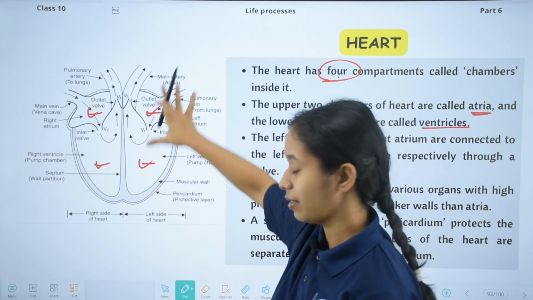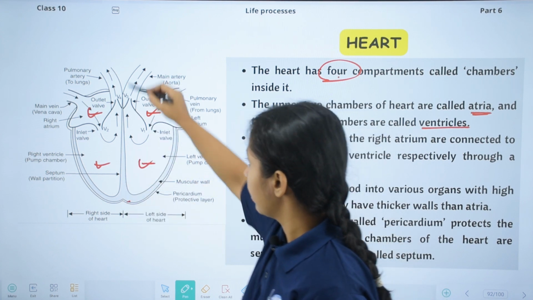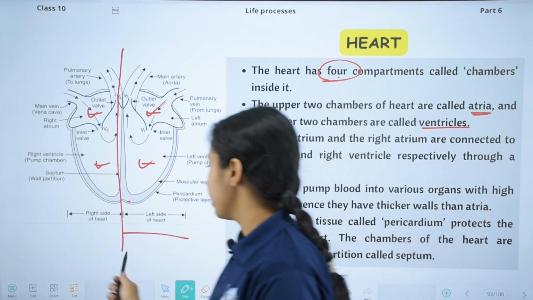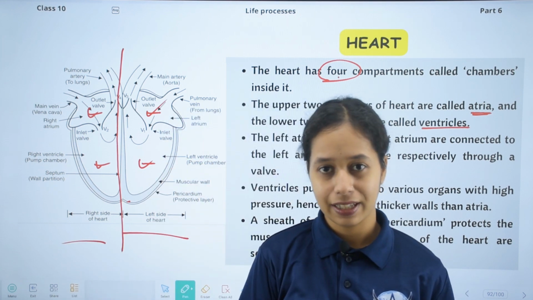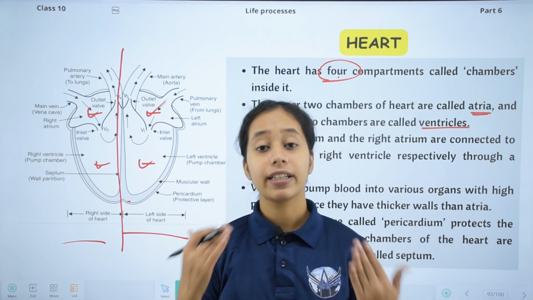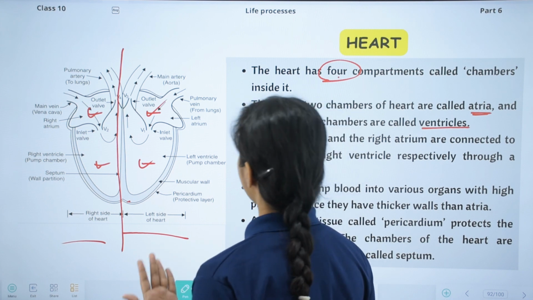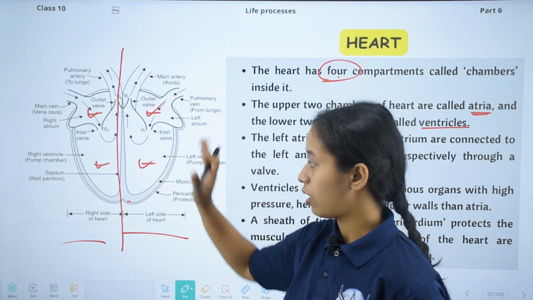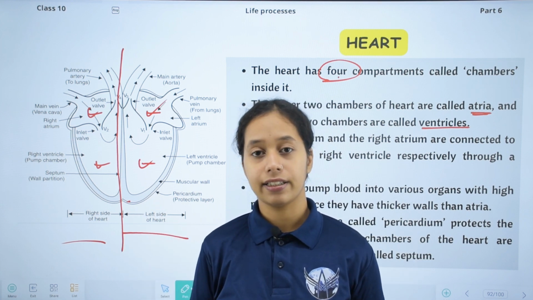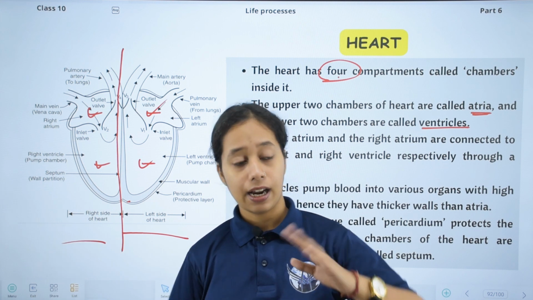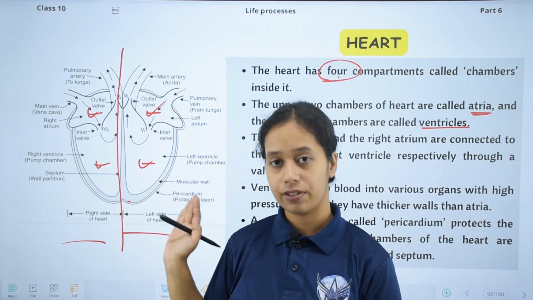Now this part is the left side, this part is the right side. You stand like this. When I read a book, I look at it like this, which is why the direction is reversed. But imagine this is your heart and you're standing like this: your right hand side will be the heart's right side and your left hand side will be the heart's left side.